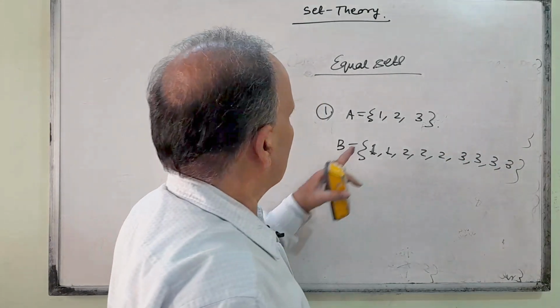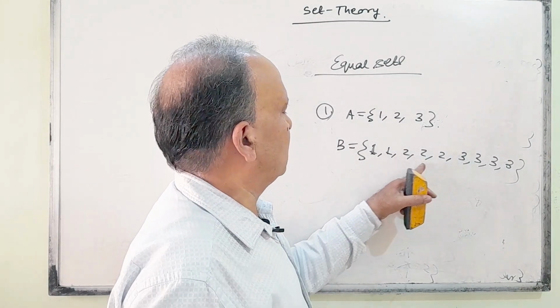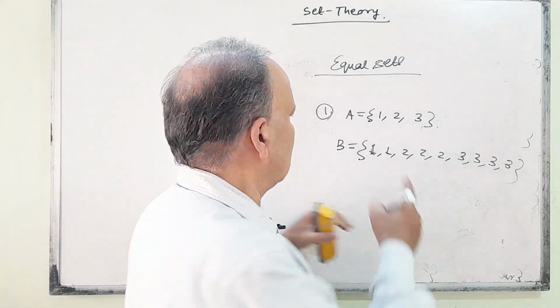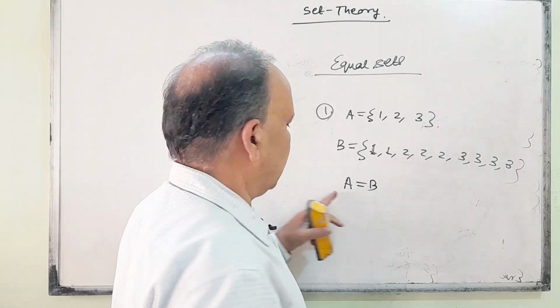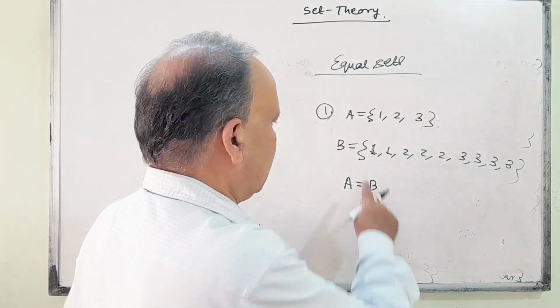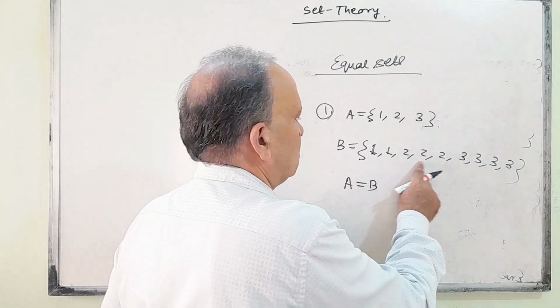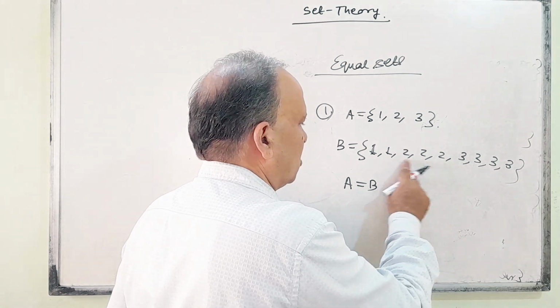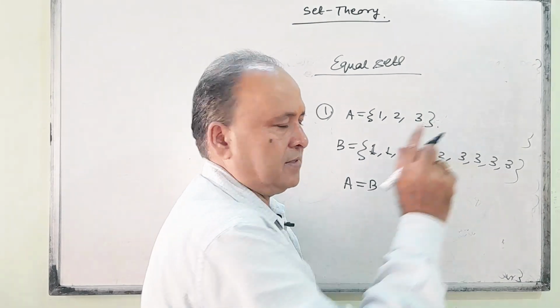You see? Here 1 is repeated 2 times, 2 is repeated 3 times, and 3 is repeated 4 times. In this case, we will say A is also equal to B. If 1 is repeated twice, it is considered as 1. Here it is also considered as 1, only 1, 2, and it is considered as 1, 3.